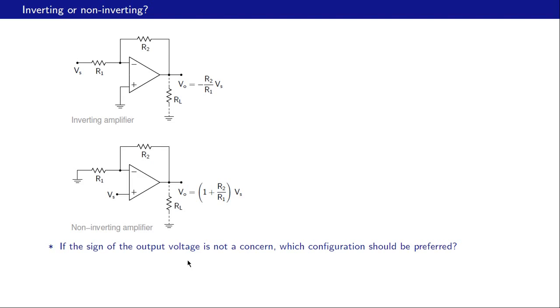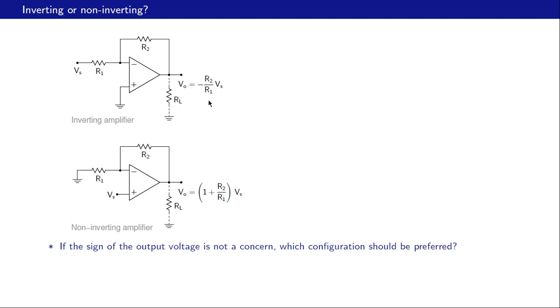One important question that now arises is which one of these is better, inverting amplifier or non-inverting amplifier? Of course, the inverting amplifier has a negative gain, whereas this one has a positive gain. That is negative, that is positive. But apart from that, they are both easy to use.